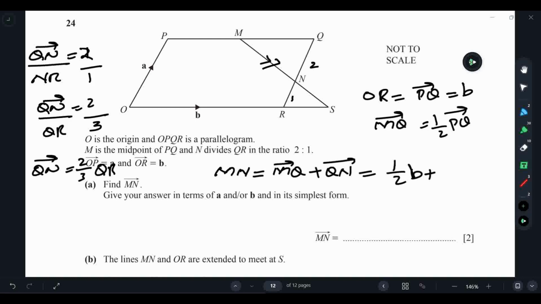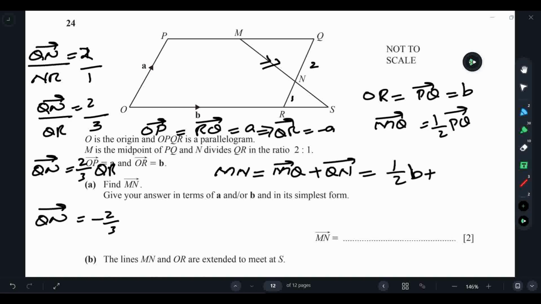Now we know that this one is a parallelogram, so OP is equal to RQ, which is equal to A. We wanted to find the value of QR, so QR will be equal to minus A. Just put it over here, so QN will be equal to minus 2 by 3 A. So the answer for MN will be 1 by 2 B minus 2 by 3 A. Let me check it over here.